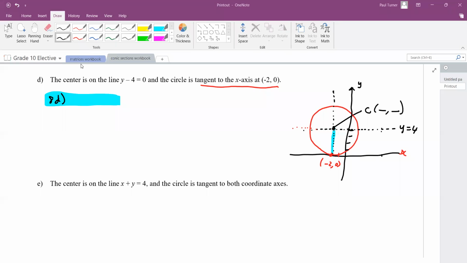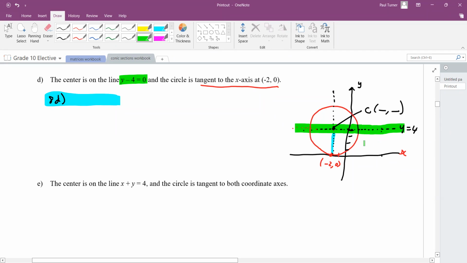Okay, so for question D, I've basically redrawn the picture here. We have the center being on the line y equals 4. So the line y equals 4 is here, which is parallel to the x-axis. And the circle is tangent to the x-axis at -2, 0. So that is here.